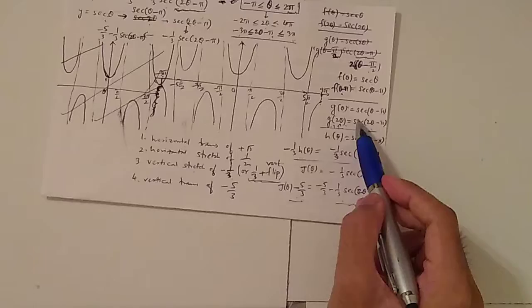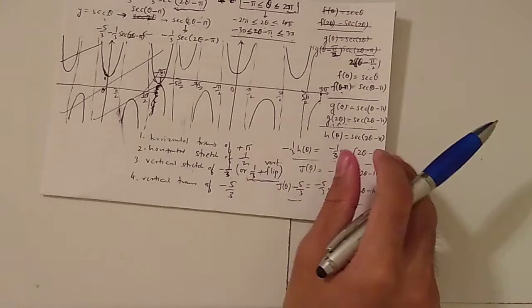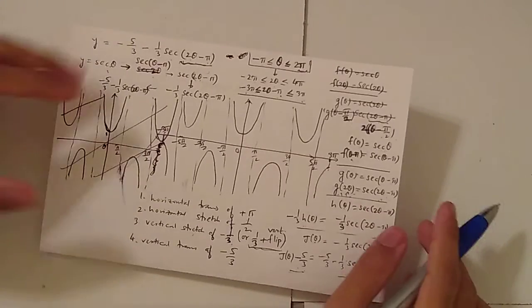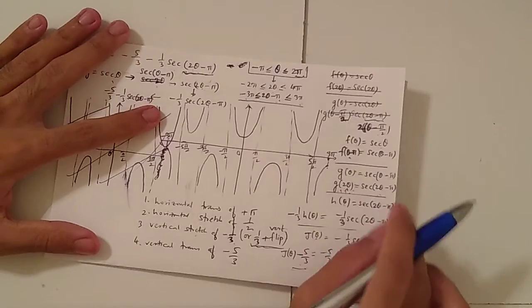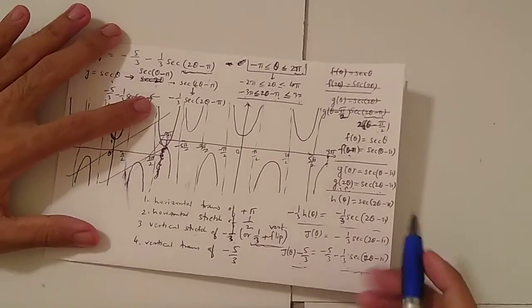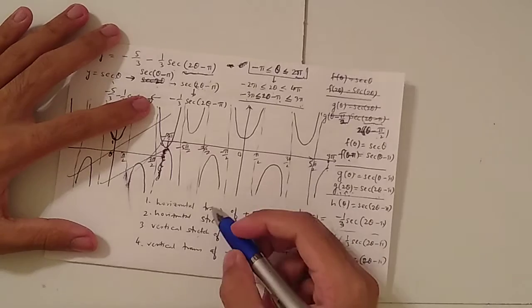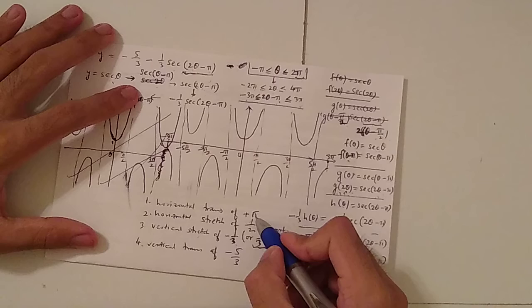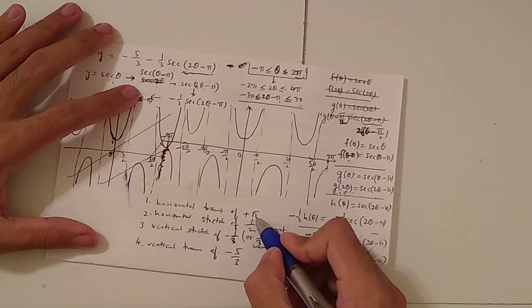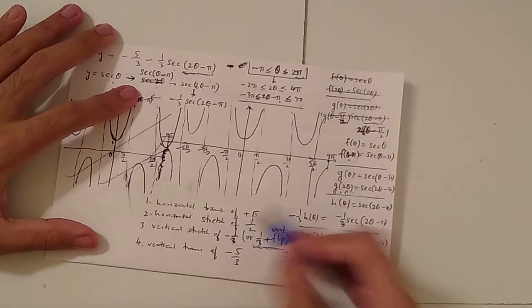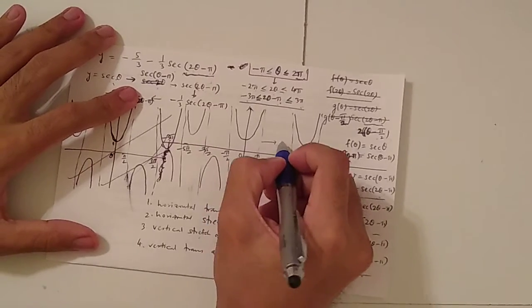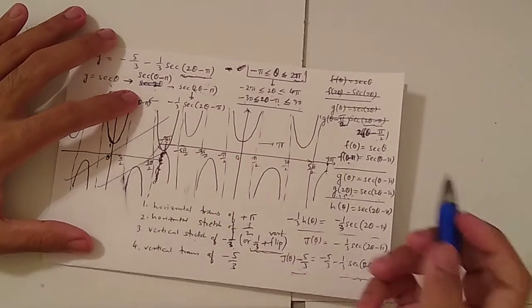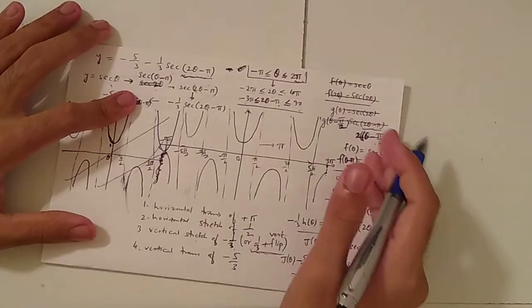So we have got 4 different transformations to take care of. We could do the graphs in 4 different steps, but I will try to do the entire thing in less than 4 steps. The first step is that the graph has a positive plus pi unit translation along the x-axis, so the entire graph moves that way pi units.